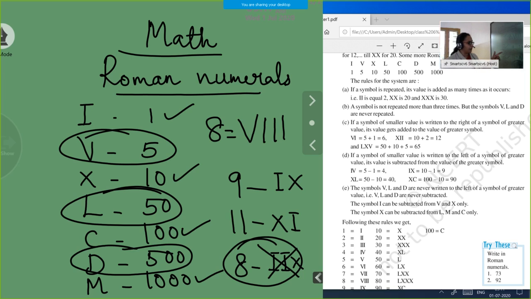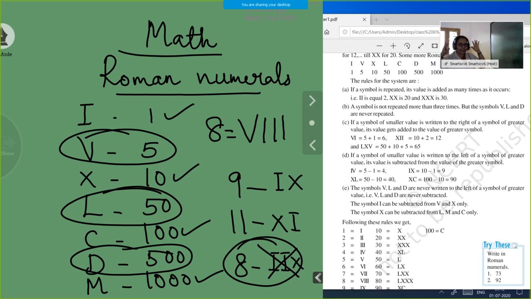Is it clear now, Cyan and all? So subtraction we can do only one time. We can write the letter I, X, C only one time to the left of the number. We cannot write IIX. That is a wrong way. This is the representation the Romans invented, not us.